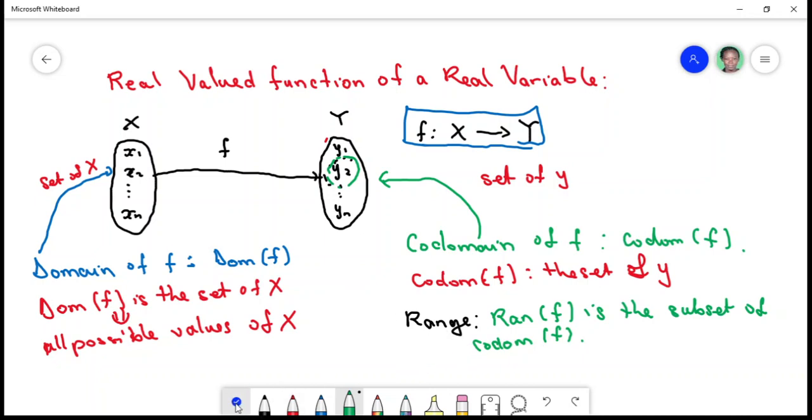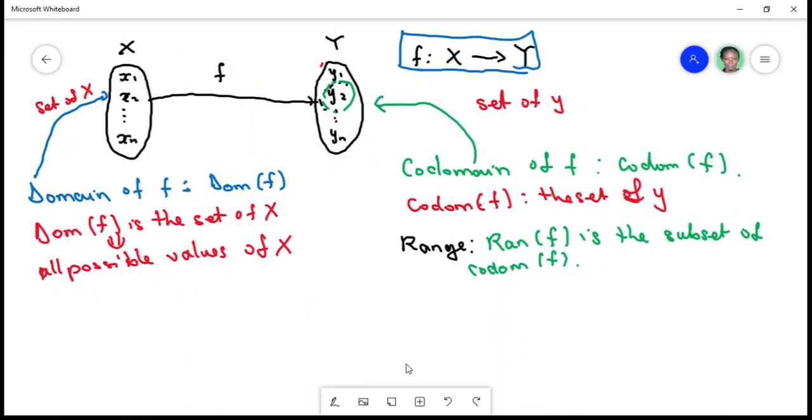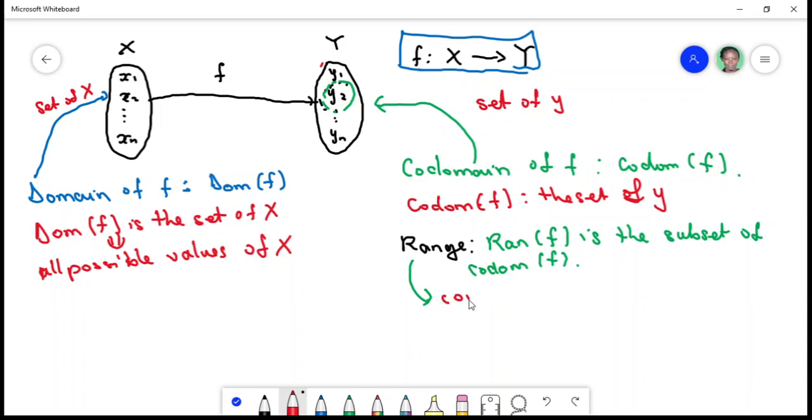Or you can equally say that this range actually consists of all images of x under the function f.